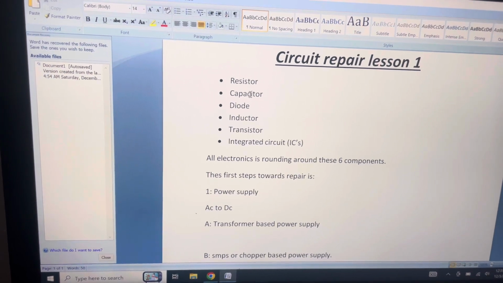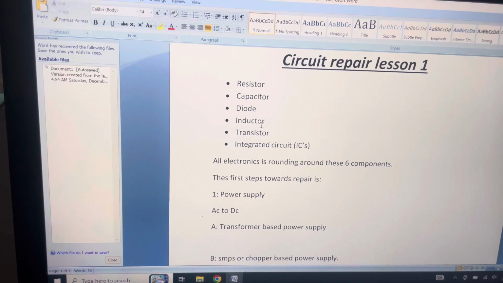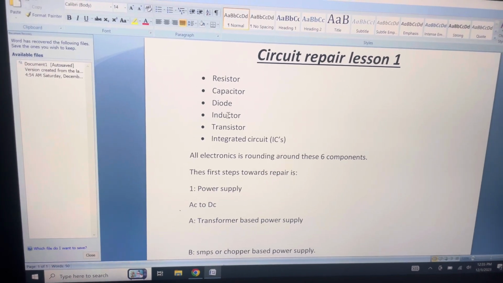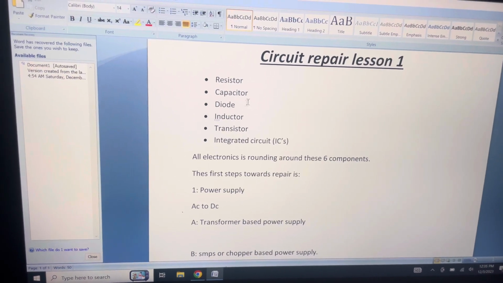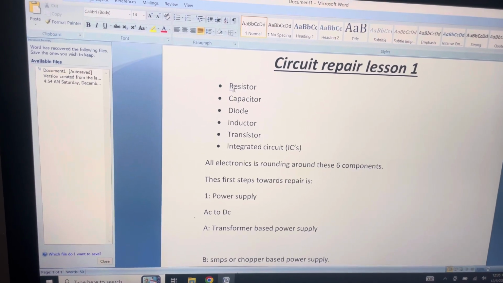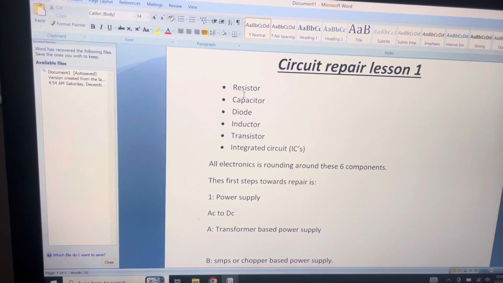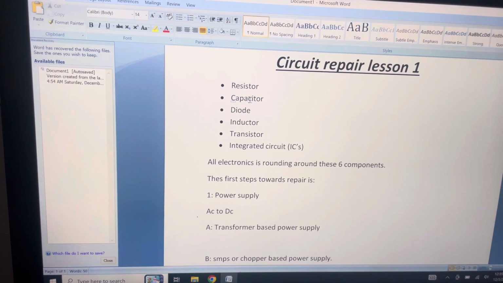The major components that go faulty in the PCB, printed circuit board, the maximum chances are that resistors go faulty. After that we have capacitors.